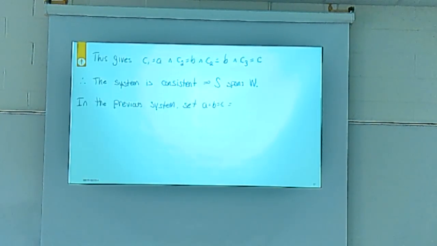That will give you the 0 vector in our vector space. That gives C1, C2, C3 all 0, right? That's the trivial solution.